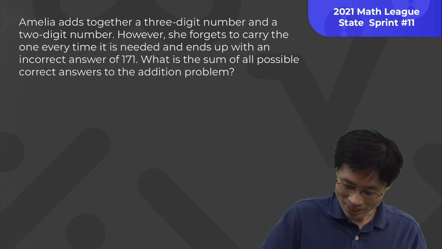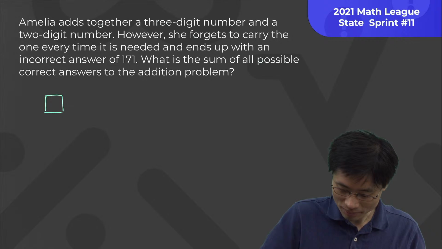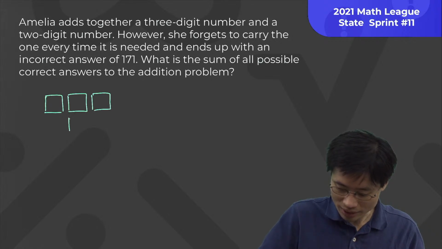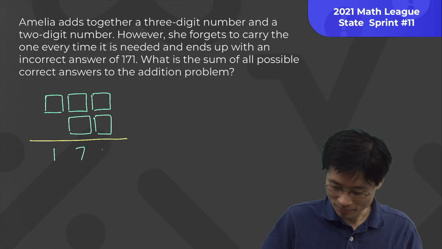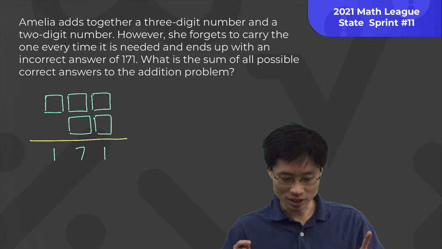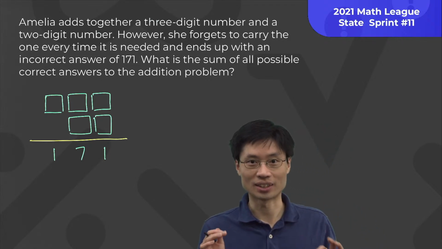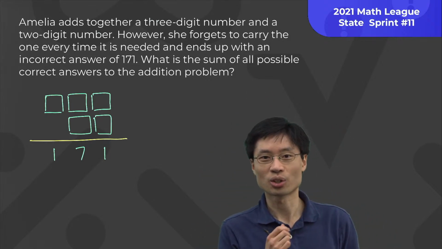Okay. So I have a 3-digit number adding to a 2-digit number. And somehow the answer is wrong. It's 171. And interestingly, it's saying that that's an incorrect answer, okay? And we're supposed to add up all possible correct answers.